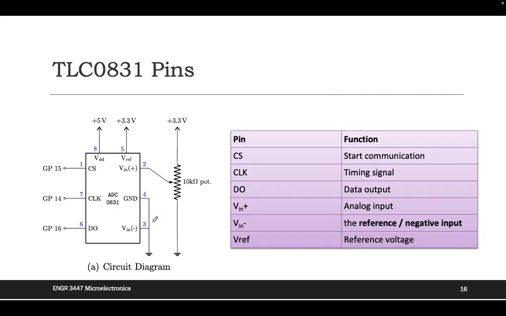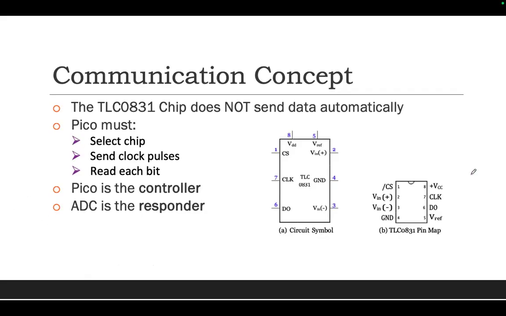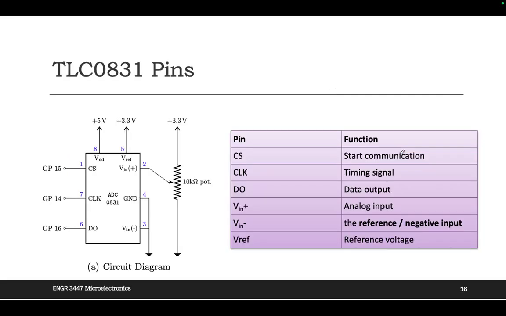Okay. And these are the TLC0831 pins. Actually, it has 8 pins, but the chip does look like this. Yeah, it will look like this. Yeah, this one. Yeah, and in the lab instruction, there will be very clear details.